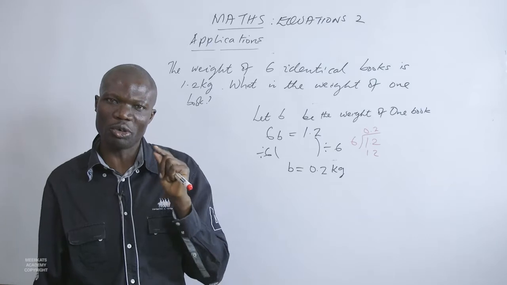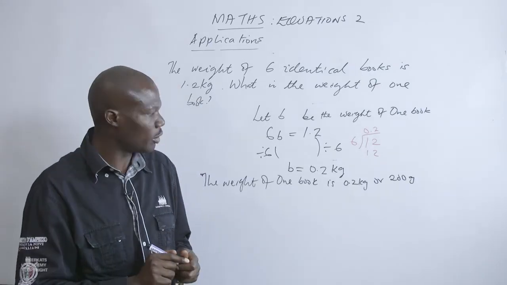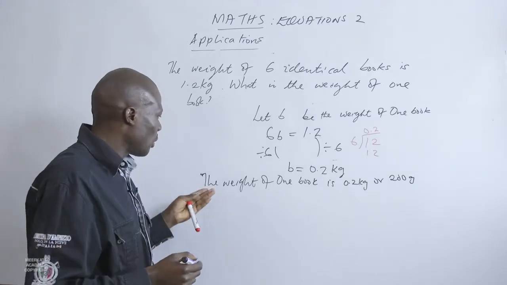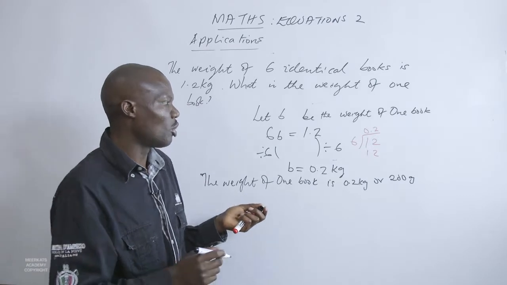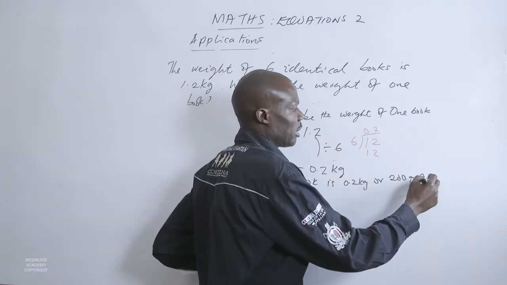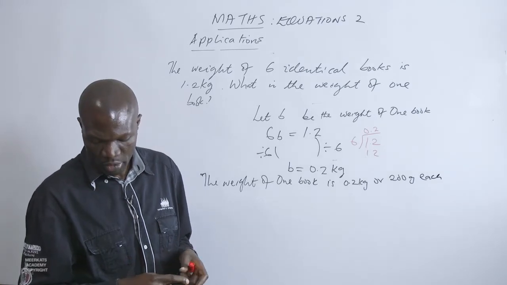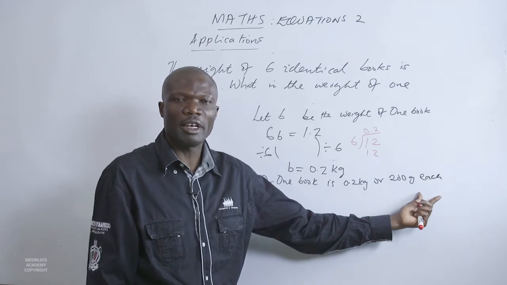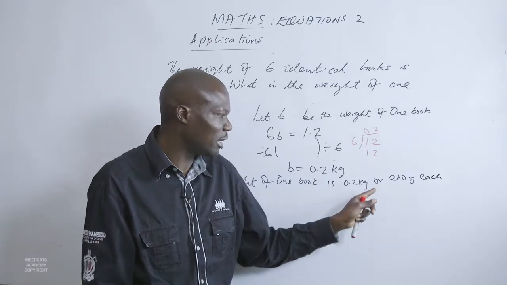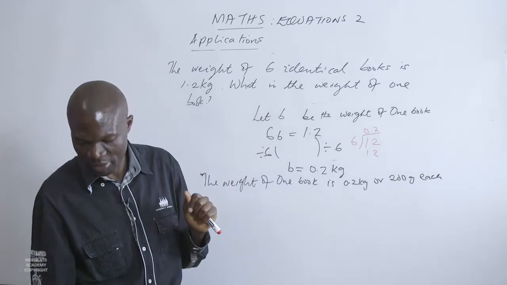So we can simply conclude that the weight of one book is 0.2 kilograms or 200 grams each. You notice that we have given our answer maintaining the units that are required to measure the weight.